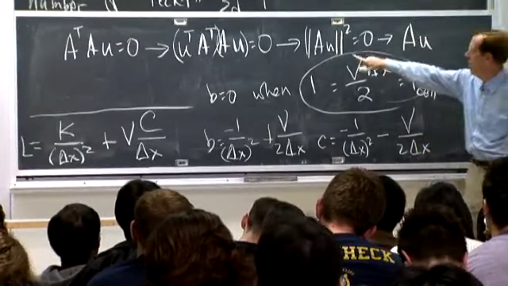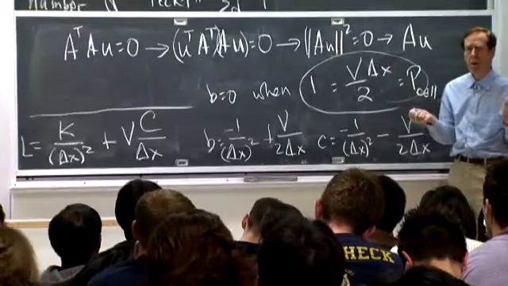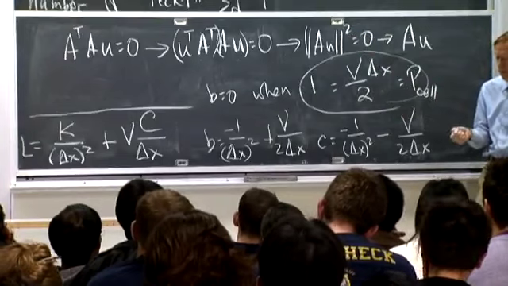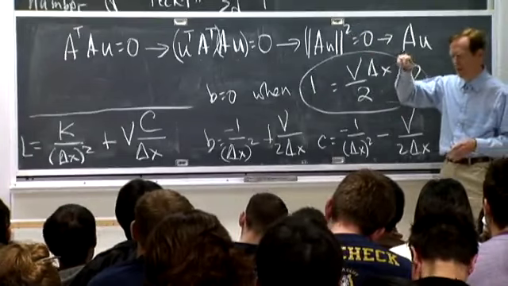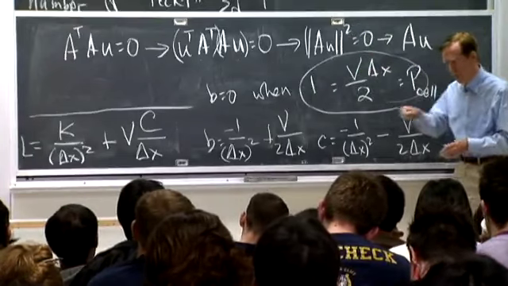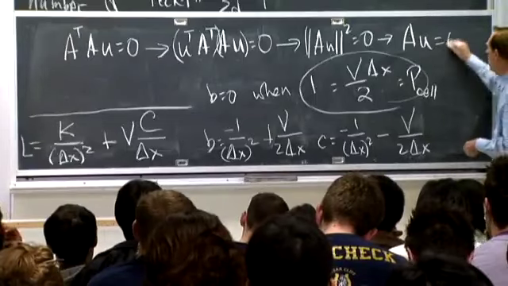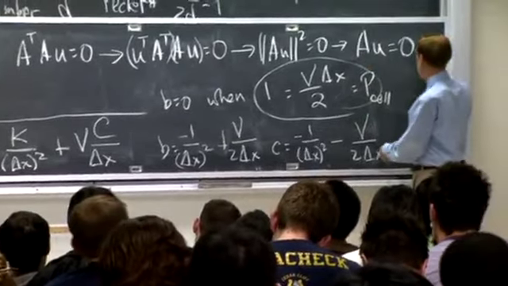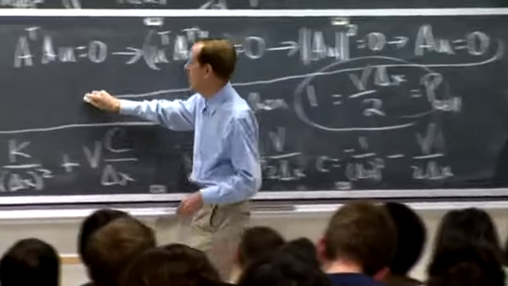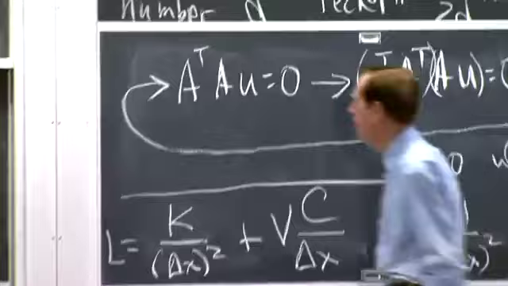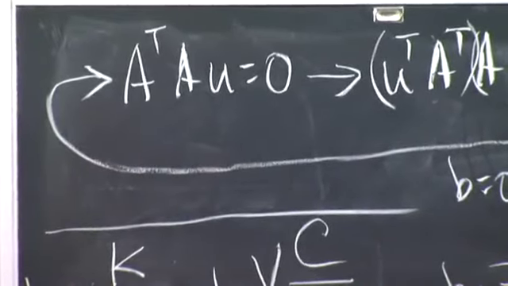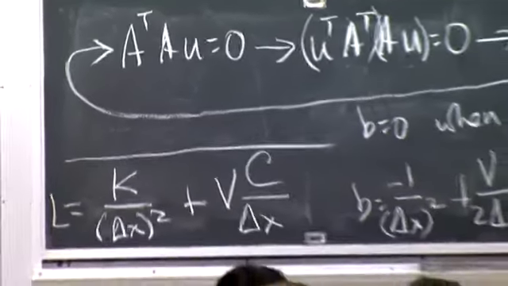If I have a vector whose length is 0, that vector must be 0. The 0 vector is the only one for which the sum of the squares will give 0. And if Au is 0, I could multiply both sides by A transpose and complete the loop.